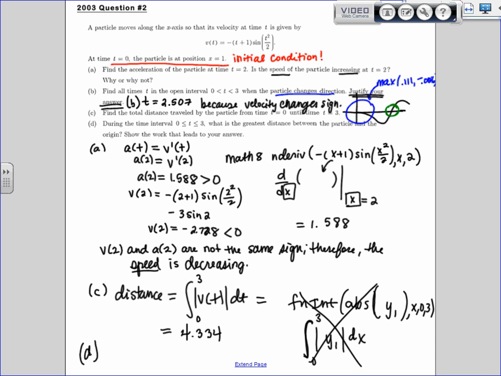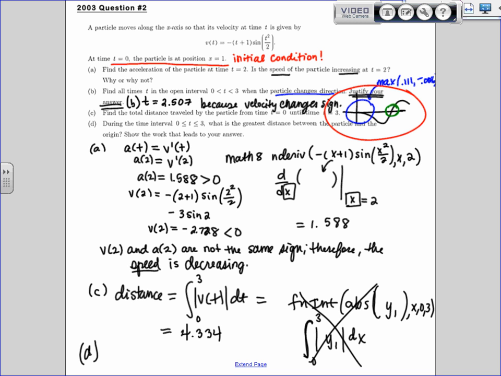All right, D. During the time interval 0 to 3, what is the greatest distance between the particle and the origin? Show the work that leads to your answer. It is displacement. You want to talk about the displacement. Looking at your function, think about when you look at your graph. So going back and looking at this graph that I have right here, what would that mean?